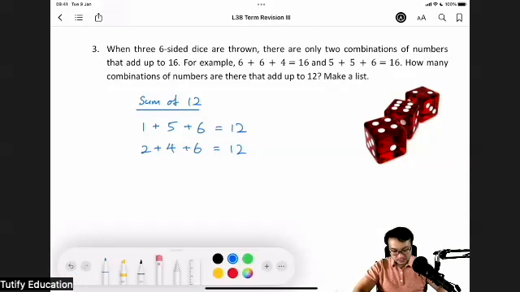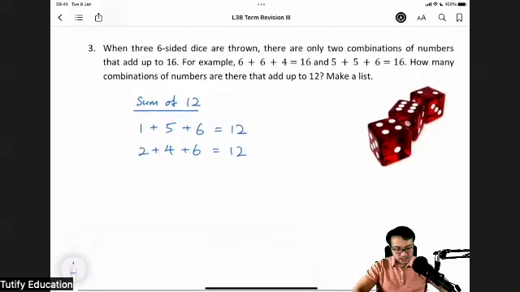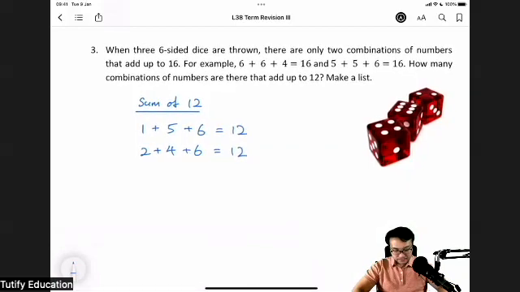So Ben, can I ask you, what is the next possible combination of numbers I can get? 3 plus 3 plus 6. Well, what about 2? Can I still start with 2? 2 plus 5 plus 5. Good.